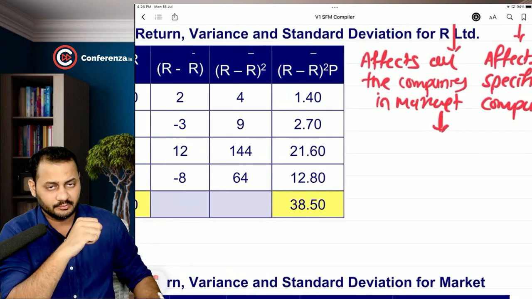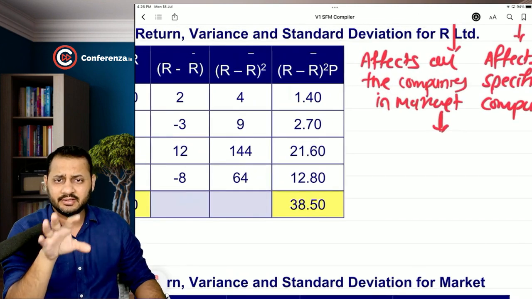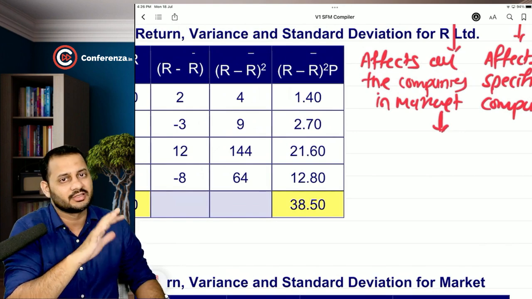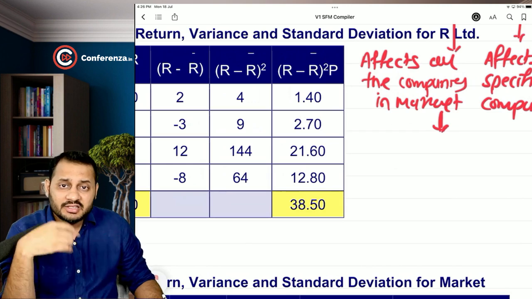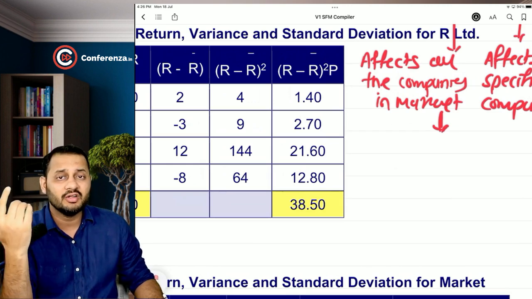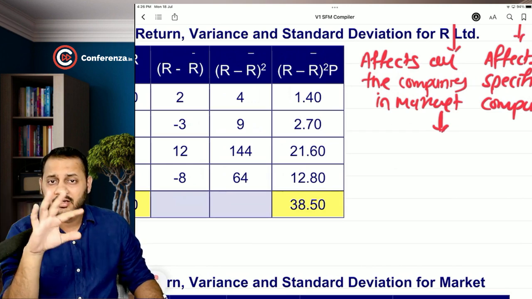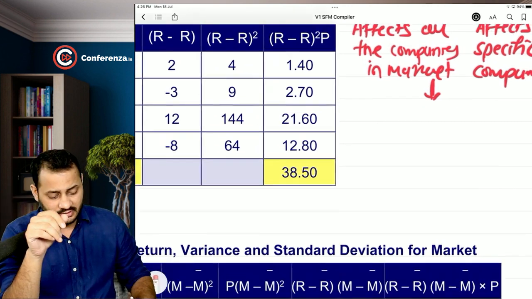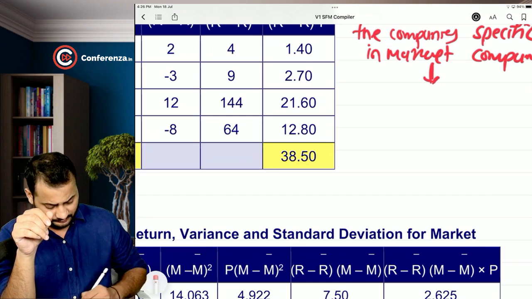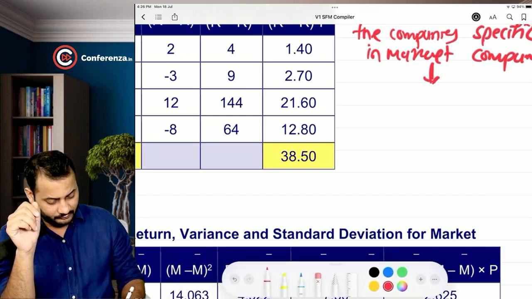So let's take some examples of systematic risk. Systematic risk is a market specific risk which affects all the companies in the market, and none of the companies can avoid that risk. Let's say, for example, inflation occurs.